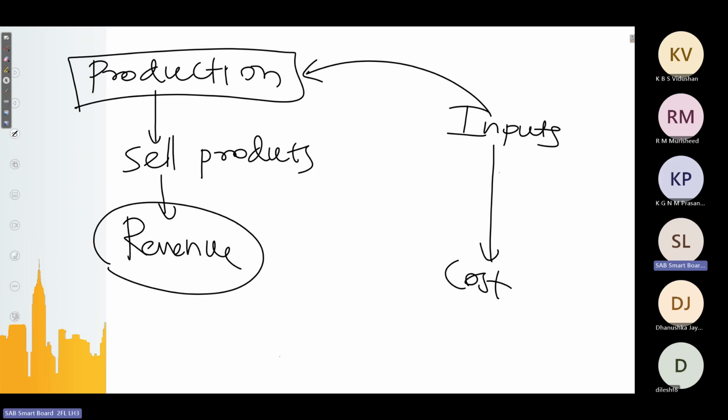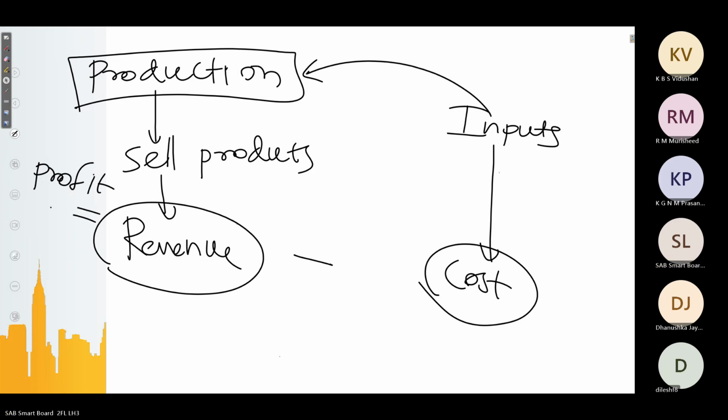On the other hand, they incur costs. And the difference between revenue and cost is profit. What we are going to discuss next is how the firm maximizes its profit.